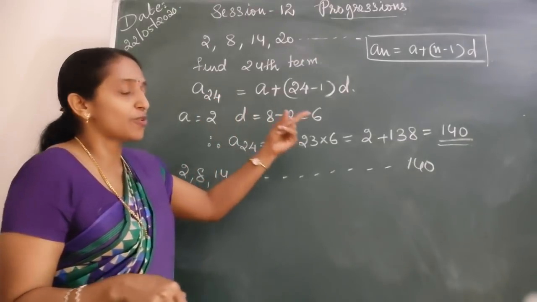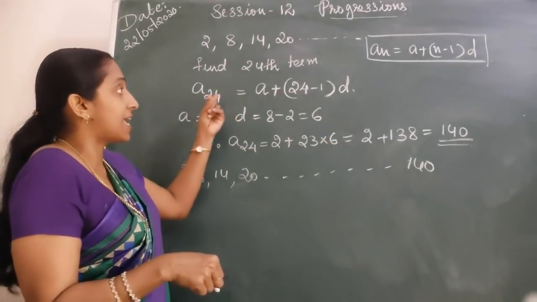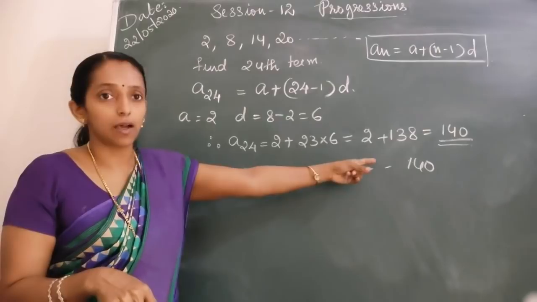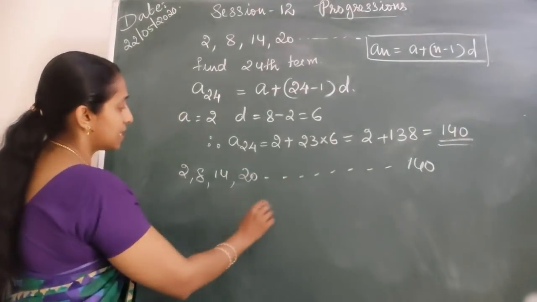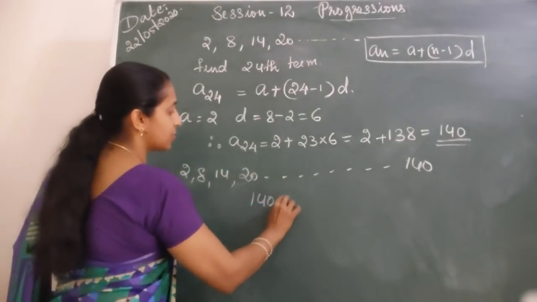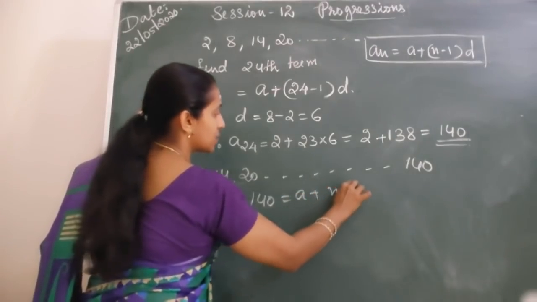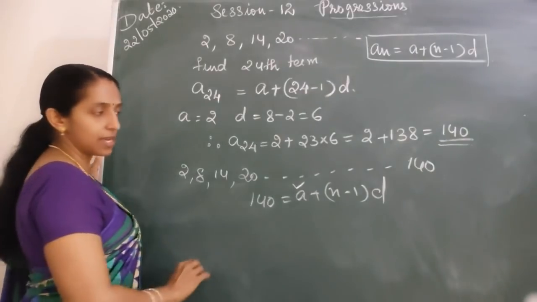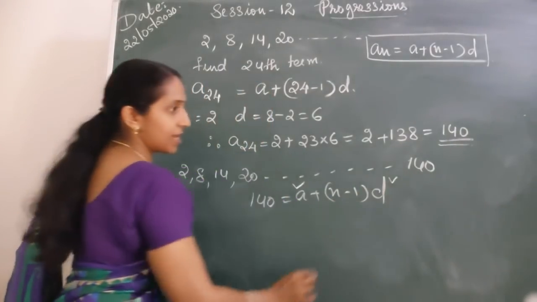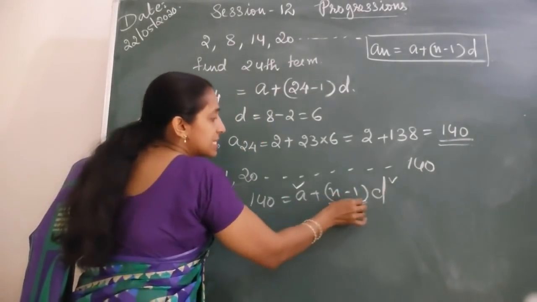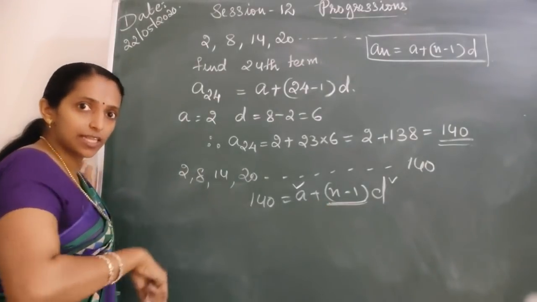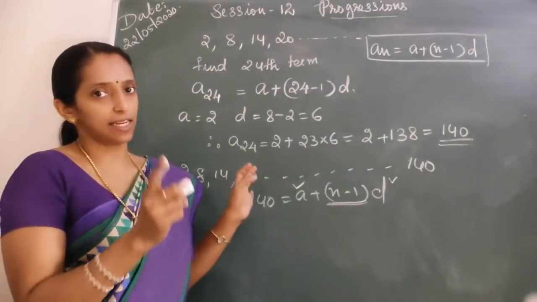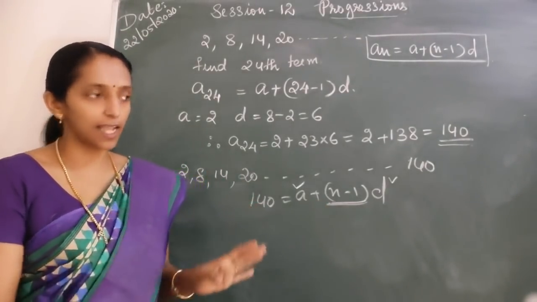In the place of a24, an is given as 140. That is, 140 is equal to a plus n minus 1 into d. a is given, d is also given, only n is unknown. You can calculate the value of n. Those are the applications. Right?